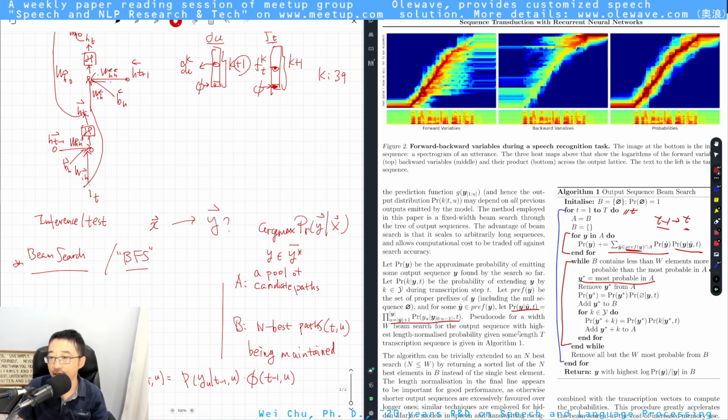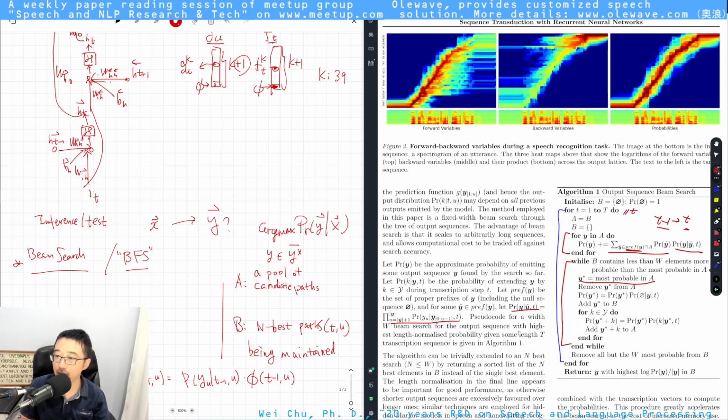Okay, and then you set this and remove the Y from A. This is a standard operation of BFS, and then you do this. Okay, this is the operation of t minus 1 to t. Okay, is that clear? Hope so. And then you add this one to B. Okay, so the embedded list of the B is updated.